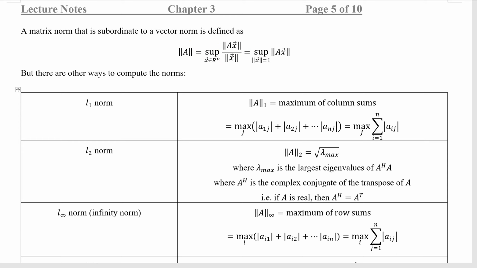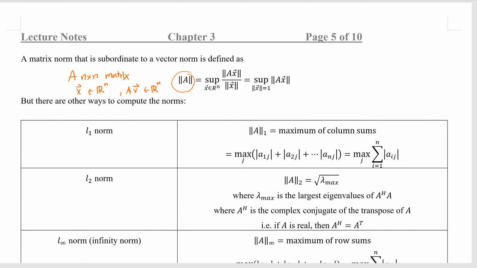So to help you understand the difference between maximum and supremum, let me write it down here. Okay, so maximum is the largest number of the set.